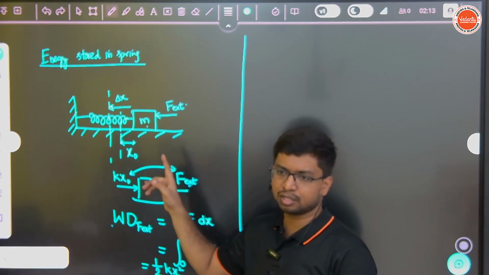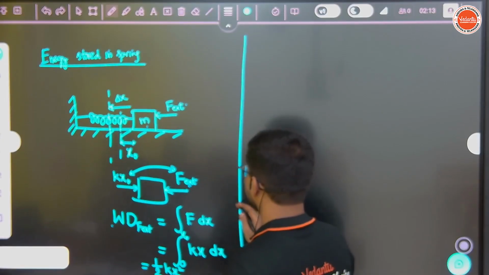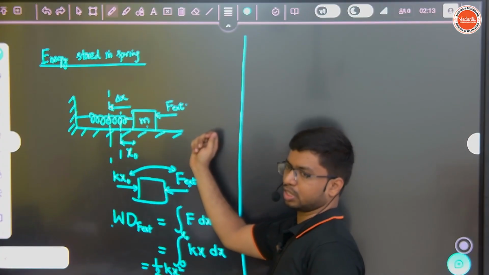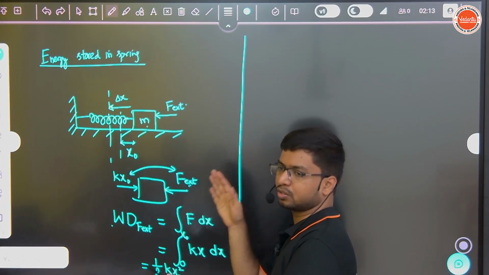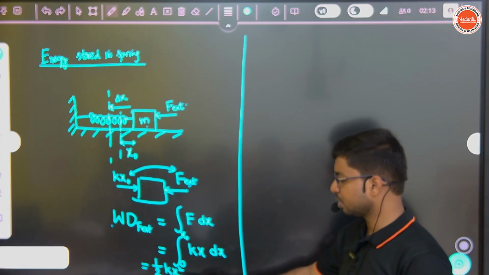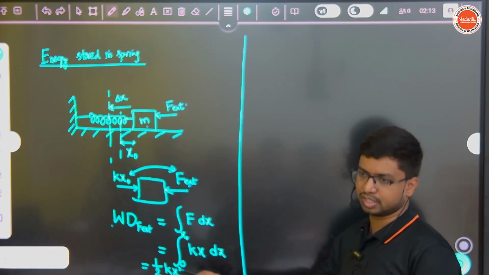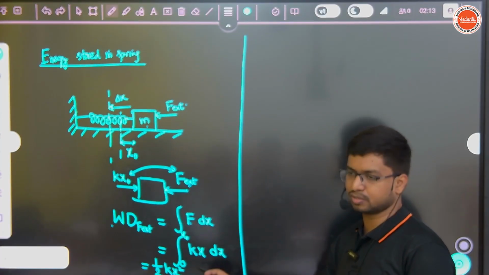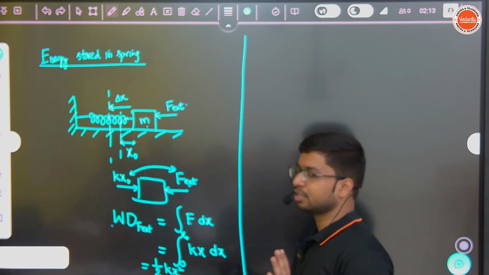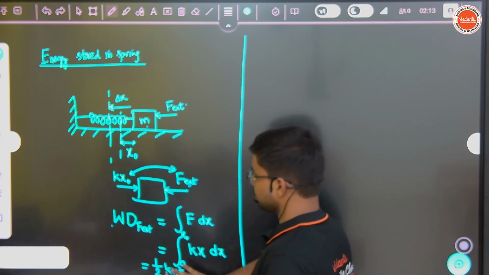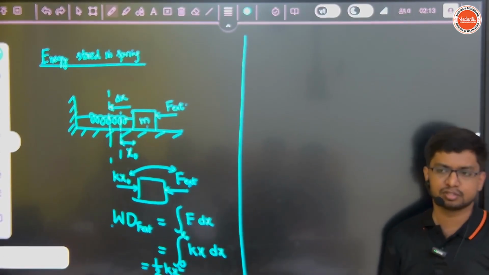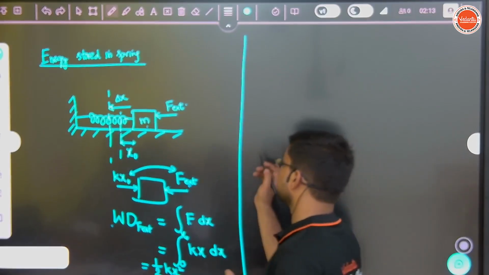Even if you start applying the force to the right, it is going to elongate from its natural length, and in that case, even if x naught is negative, you still have half k x naught square, which is always positive. Understood? So whether compression or elongation, your spring is always going to gain energy. Clear with this? Right.